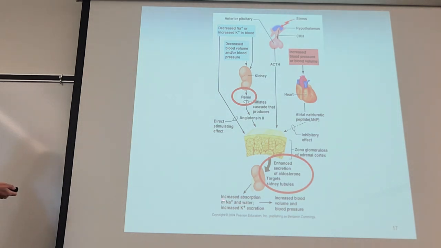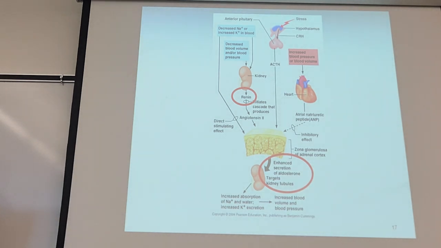The overall effect of that is to increase blood volume and thus blood pressure. So this is where the kidneys can also regulate and monitor your blood pressure based on your blood solute concentration levels.